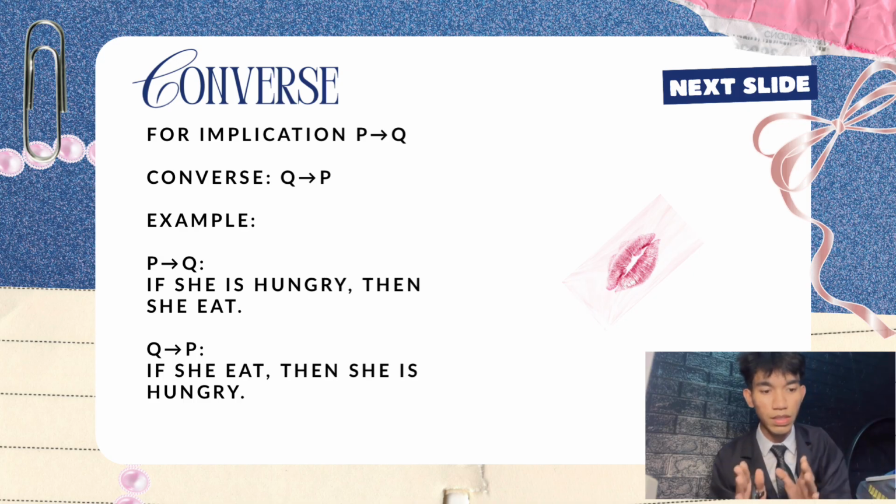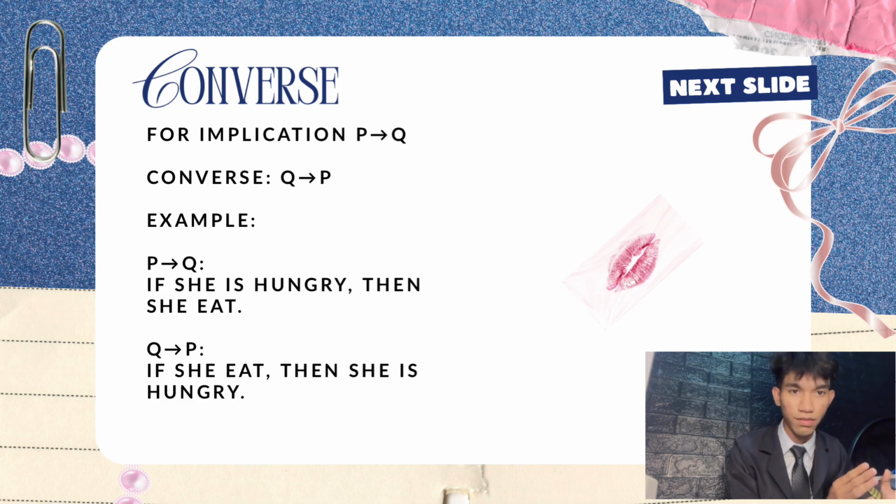So the implication P implies Q is if she is hungry, then she eats. While the converse of the implication is Q implies P. So we can say if she eats, then she is hungry. So that is the converse for the implication.